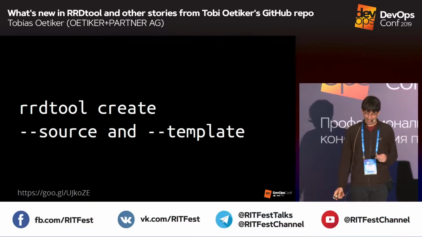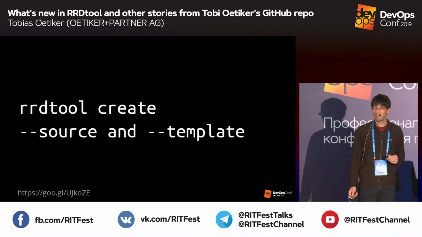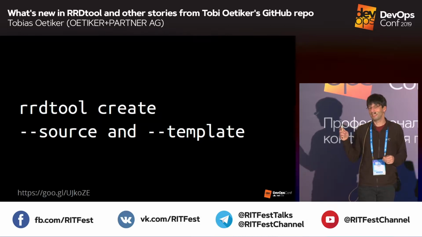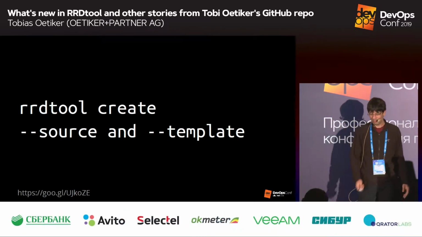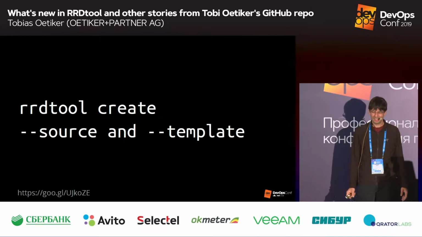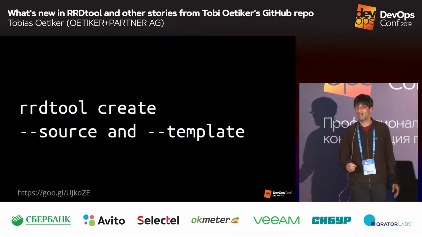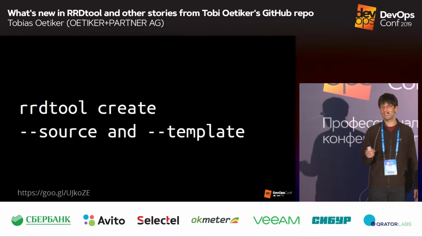And RRDtool doesn't have an alter database function like in SQL. But what you can do in recent versions is create a new database and use an existing database as the input.